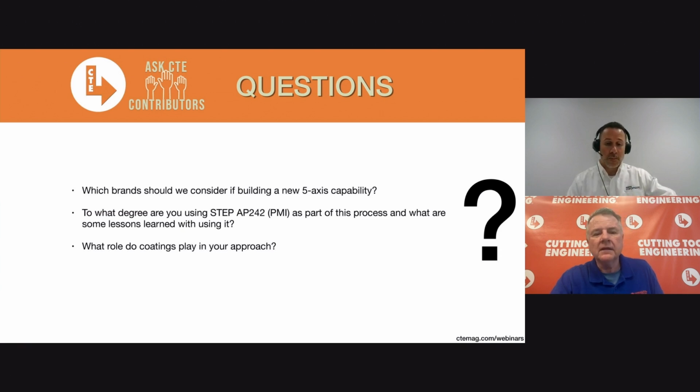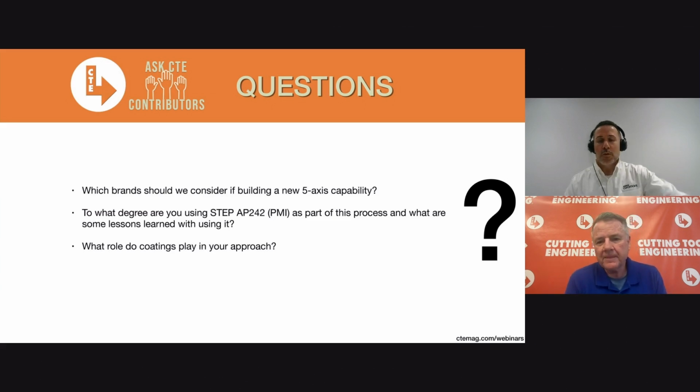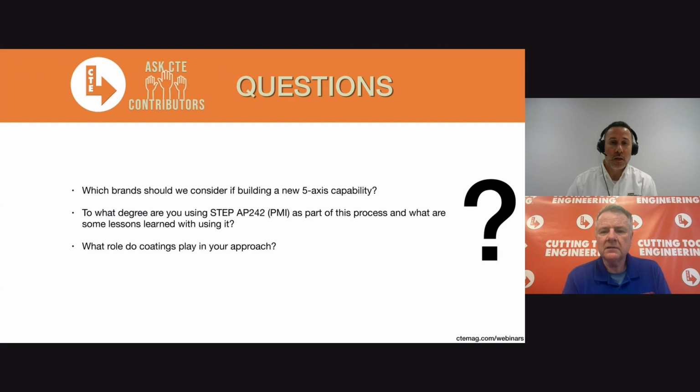Second question there was, to what degree are you using STEP AP242 as part of the process, and any lessons learned from using it? Yeah, we use STEP as our standard format for downloading solid models on our website. Those are all done to the latest ISO standard. With the newer standard format, there's some intelligence built into it, for like mounting datums and building up tool assemblies.